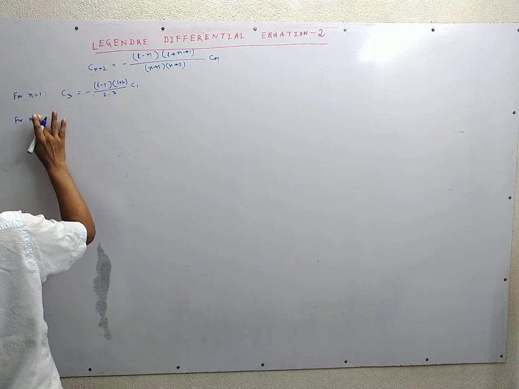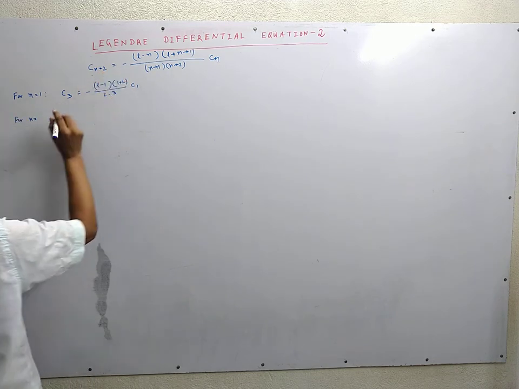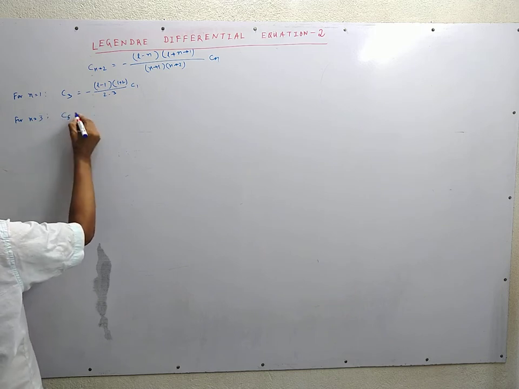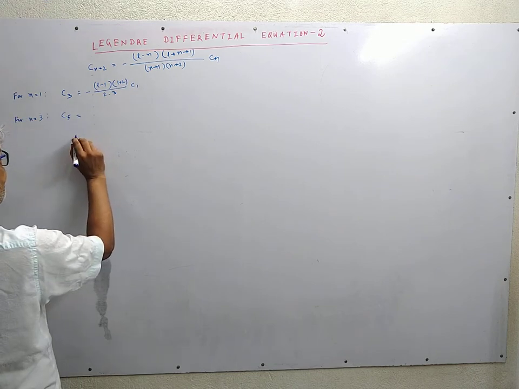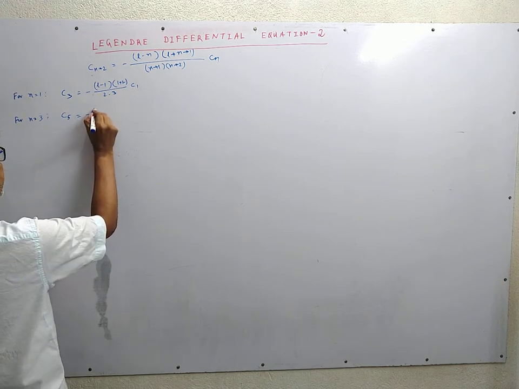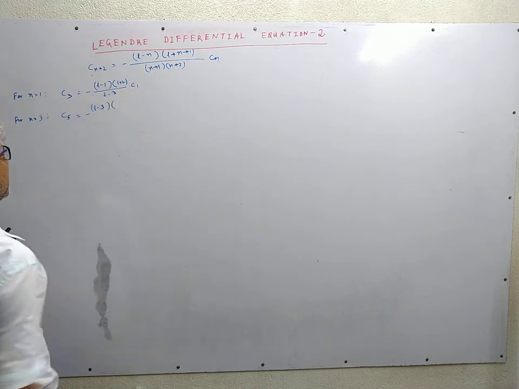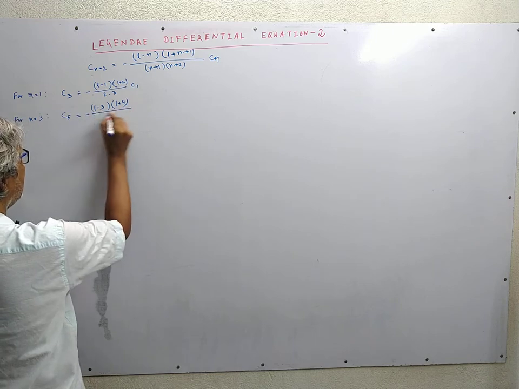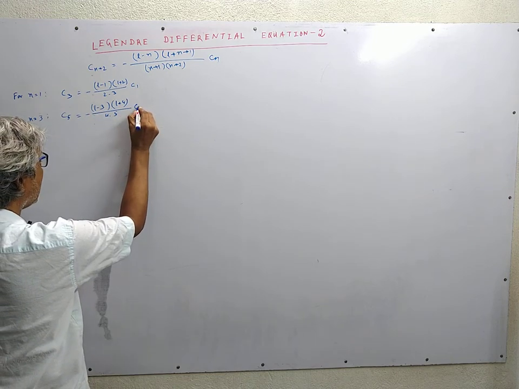For n is equal to 3, we have C5. In this case, this is minus (L minus 3)(L plus 4) divided by 4 into 5, times C3.